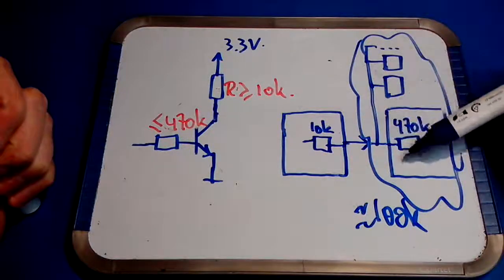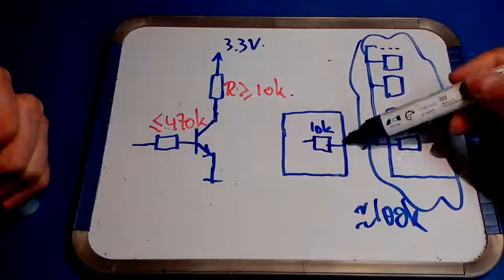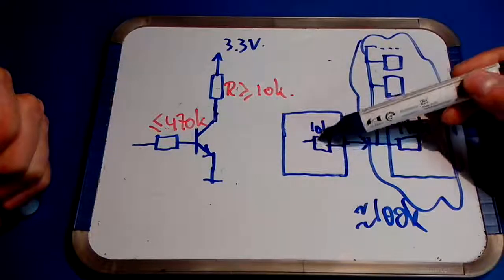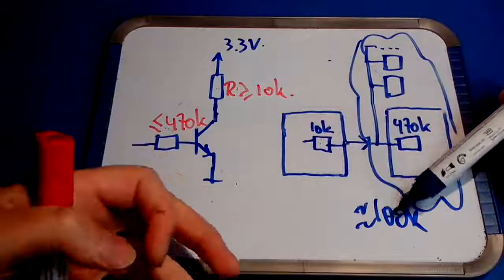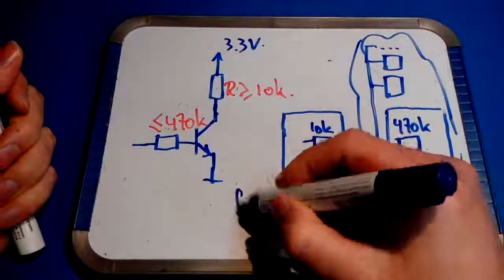So for 5 inputs connected to one single output, you would have an output impedance of 1/10 of the input impedance. So that's still okay. So that's called a fan out.